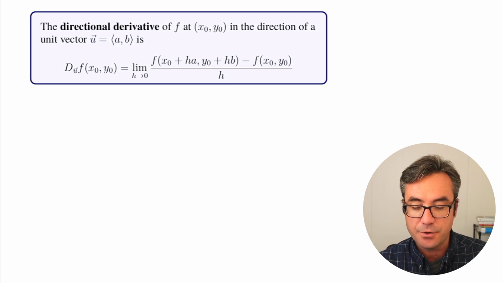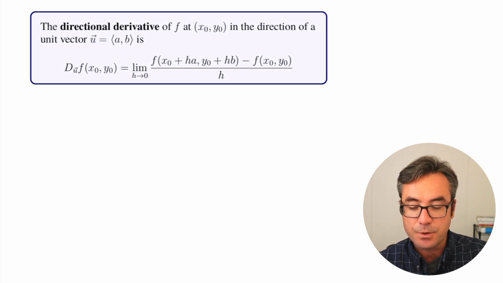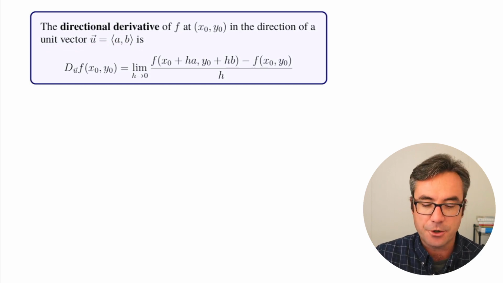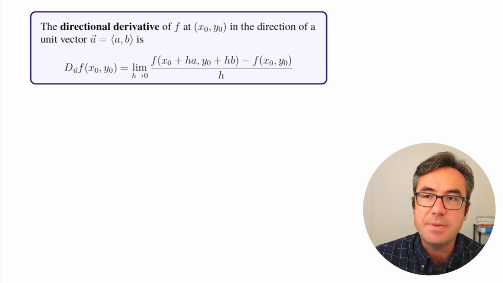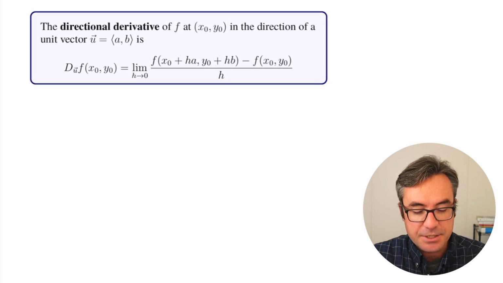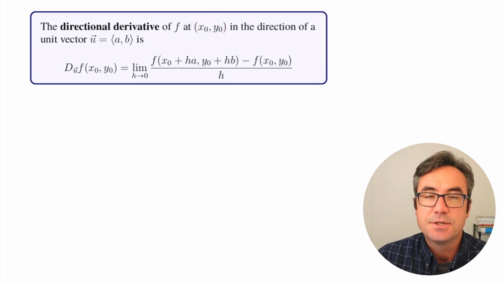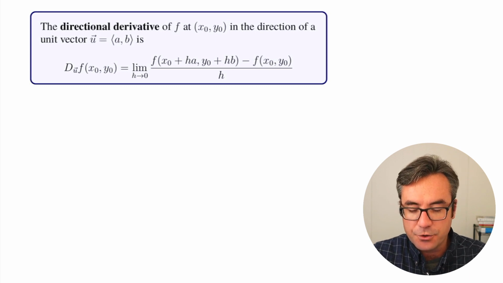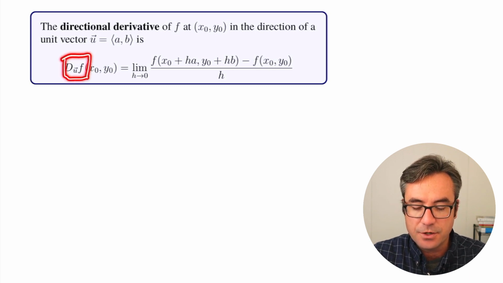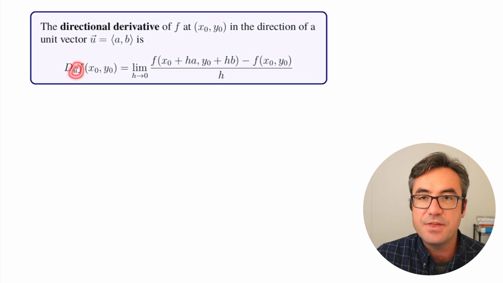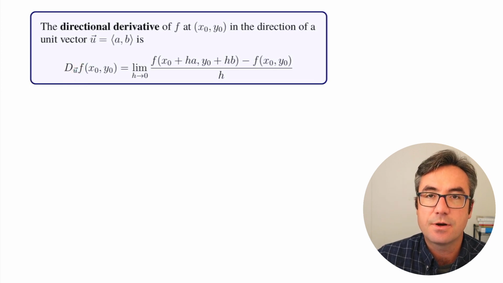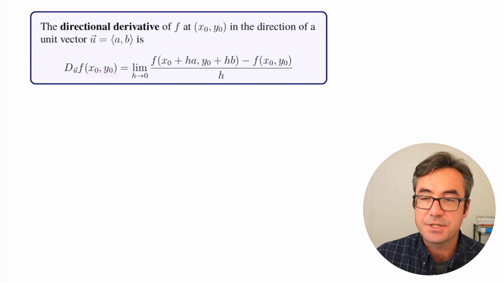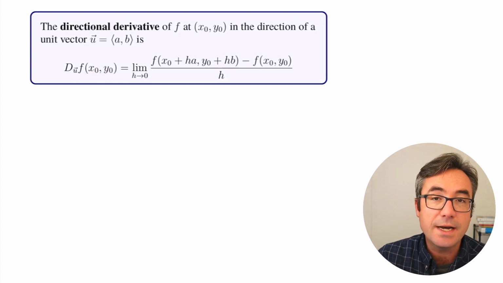So first of all, the notation here is we're going to have a unit vector, which we'll call u for unit vector, and it'll have components a and b. And we're looking at a specific point, so x0, y0 here. And so we call the directional derivative of our function f in this direction given by vector u, and we're evaluating at this specific point x0, y0.